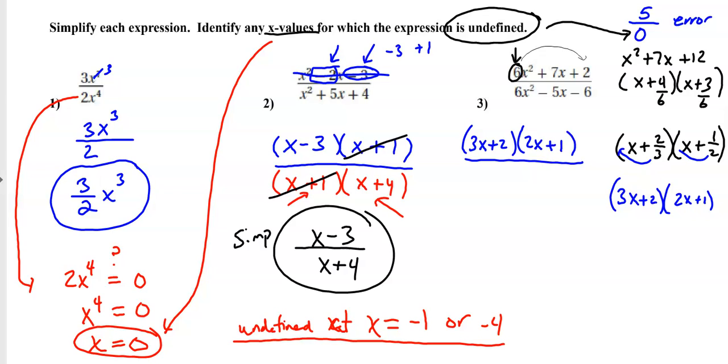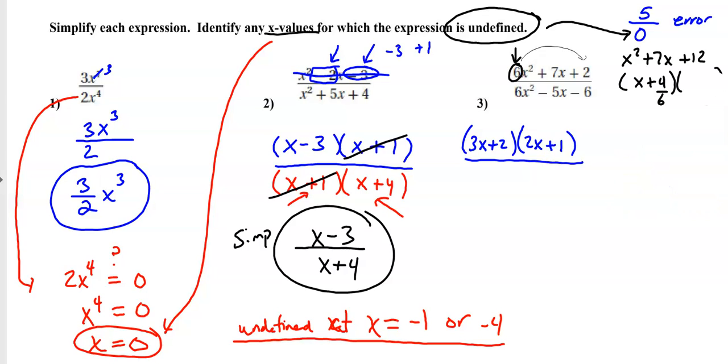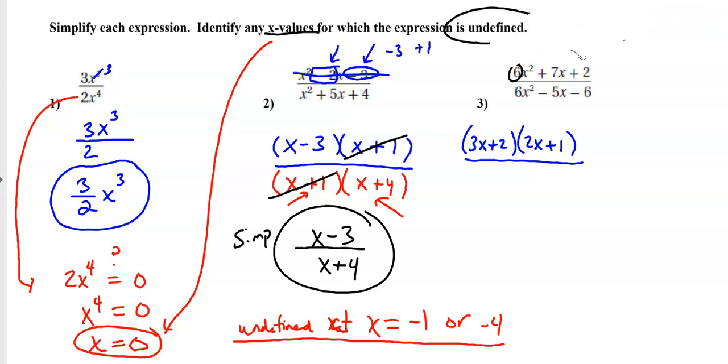Now, you might be able to just try combinations and get that. I don't know which would be faster. You kind of have to develop your own little skill there. So now I'm going to do the same process for the bottom piece. On the bottom, I'm going to get x squared minus 5x minus 36.